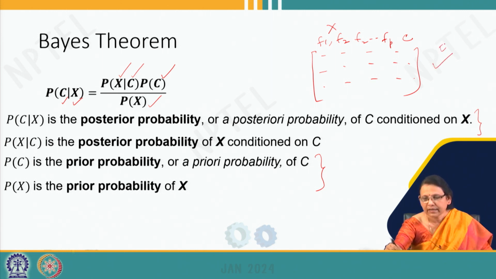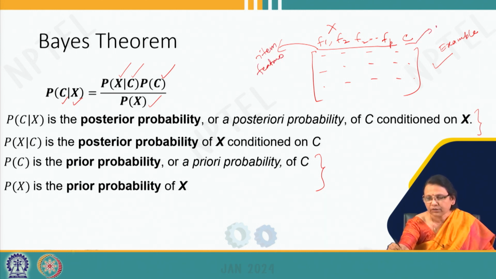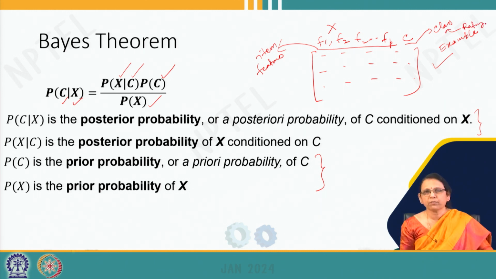This is the example, or training pattern. How do you get it? You get the features from the items. These are item features, and this is the class variable, which you obtain from the rating matrix or some kind of feedback matrix. It can be explicit or it can be implicit.